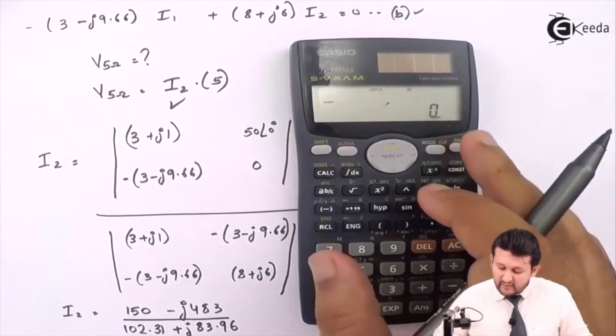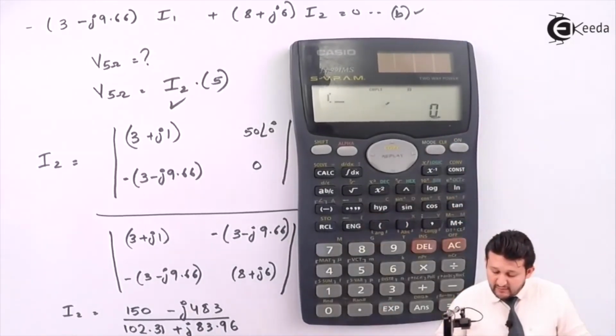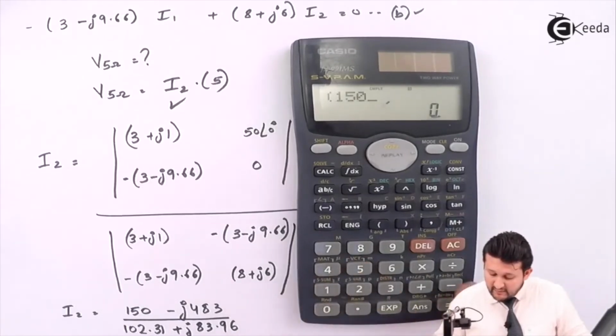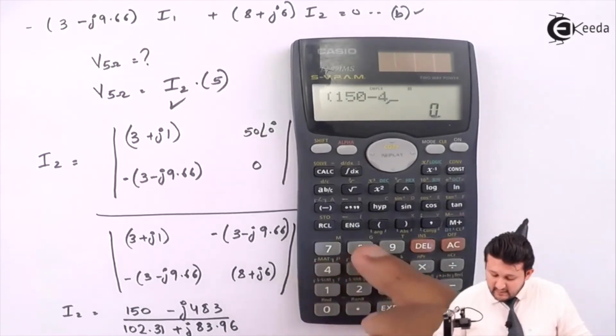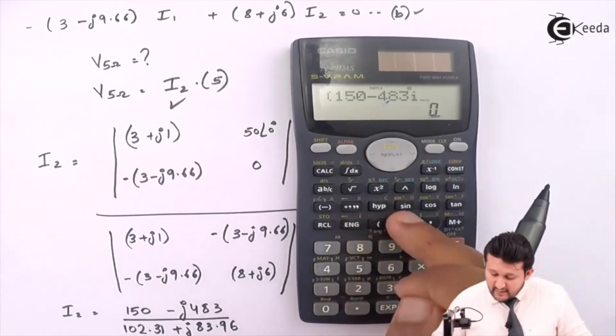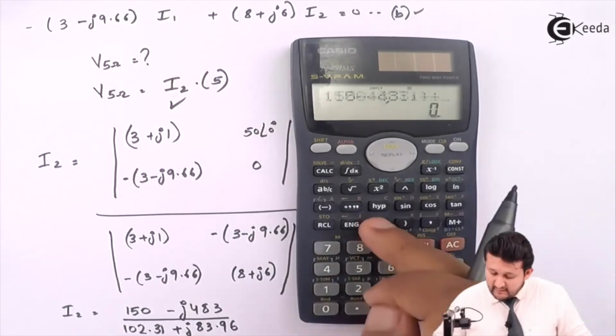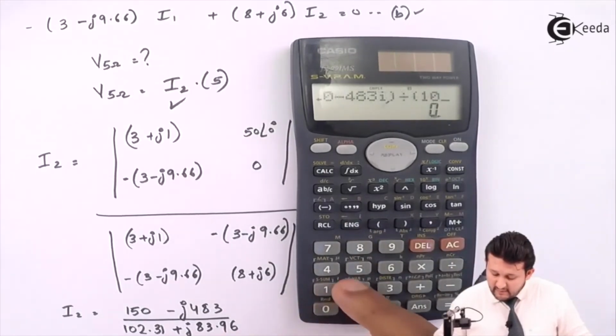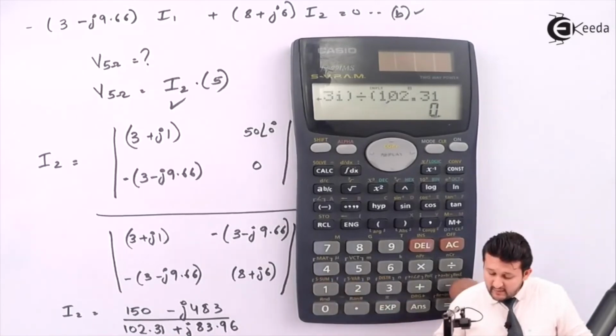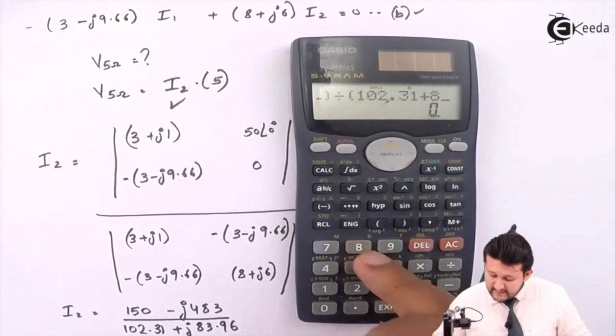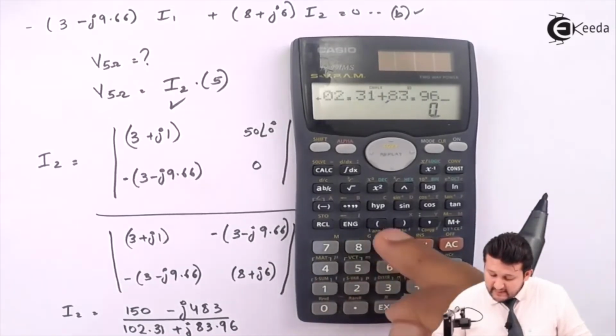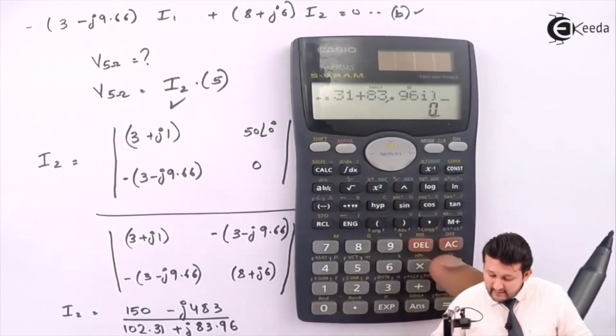So now divide both the terms, you will get the value for I2. Bracket, your numerator is 150 minus 483 I bracket close. Divide by, open bracket, 102.31 plus 83.96 I bracket close.